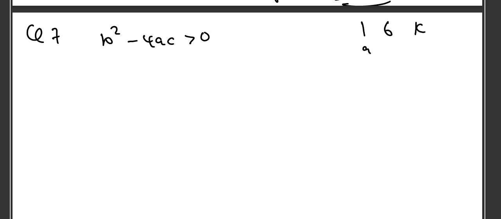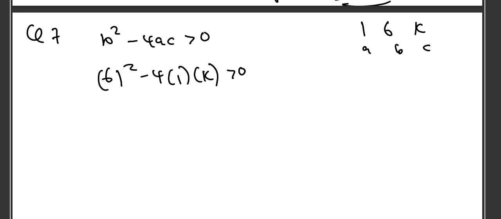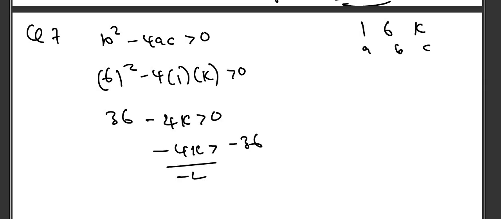Your b is simply 6, so this is going to be 36 minus 4k greater than 0. Minus 4k is greater than negative 36. Dividing by minus 4, k is actually less than 9.